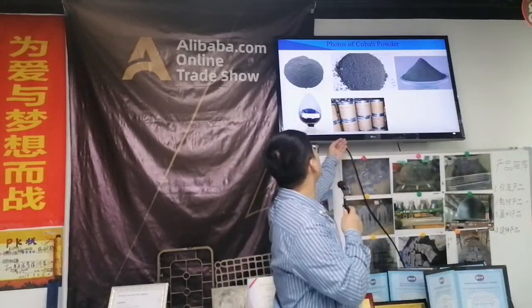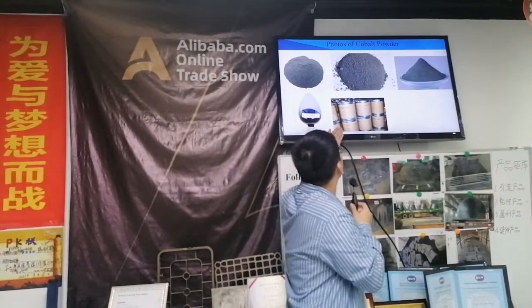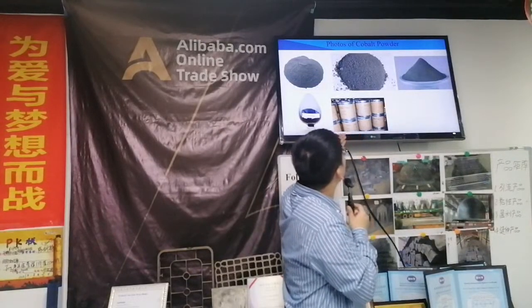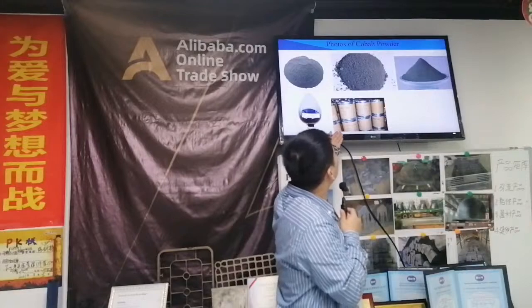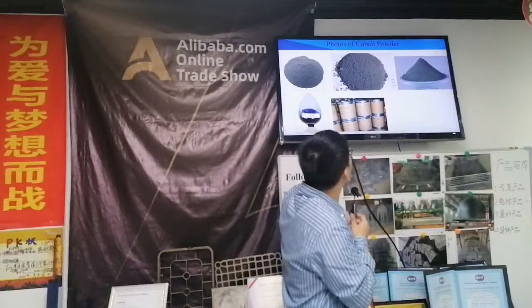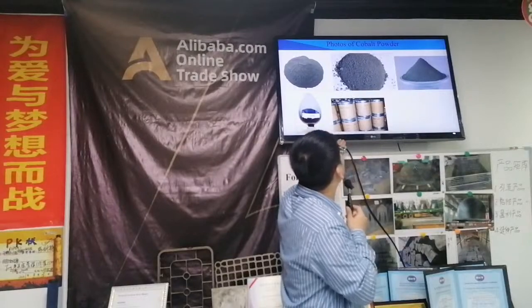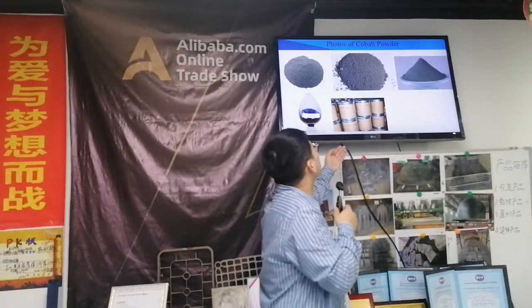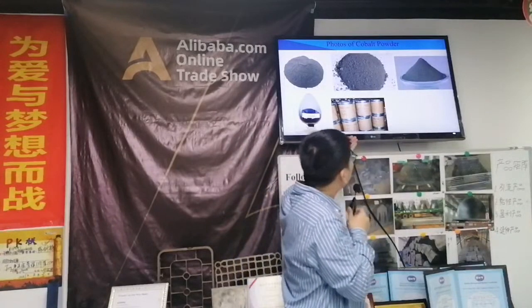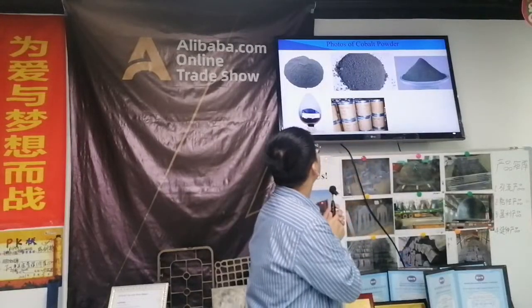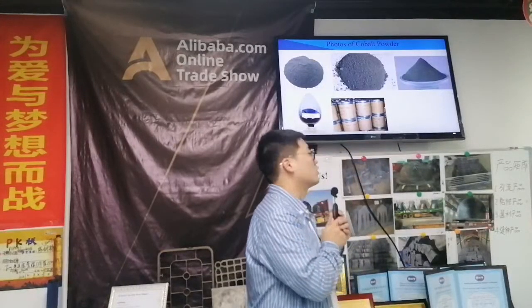As you can see, first is the name, cobalt oxide, and the second is the net weight, about 25 kilograms, and the gross weight is about 26.8 kilograms.